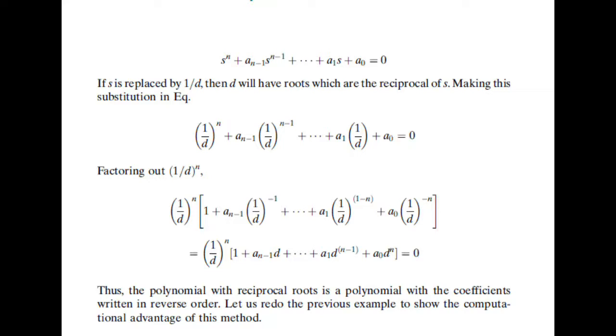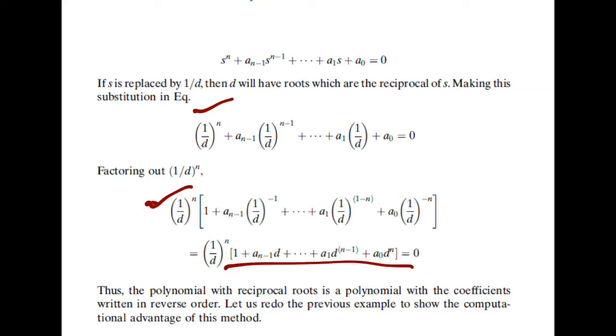When we substitute this into the equation and factor out 1/d^n, we finally get the final equation. From this we can see that the polynomial with the reciprocal roots is the polynomial with the coefficients written in the reverse order.